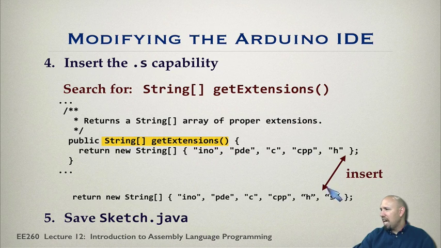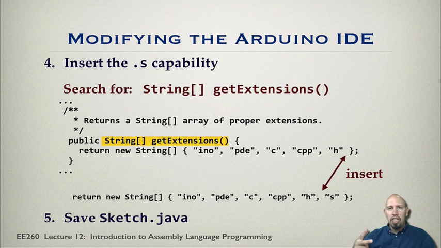We need to have S file in there. This has curly quotes, but you should just use regular quotes. I don't know why it inserted curly quotes for me, but anyway, you just need to make sure that you can do S files in here.